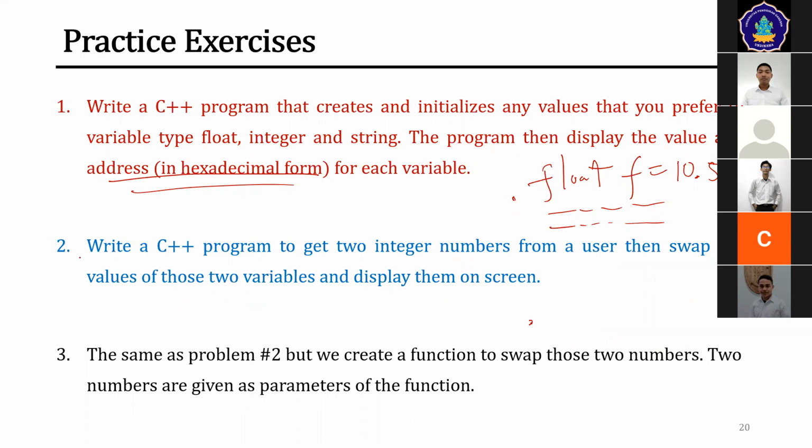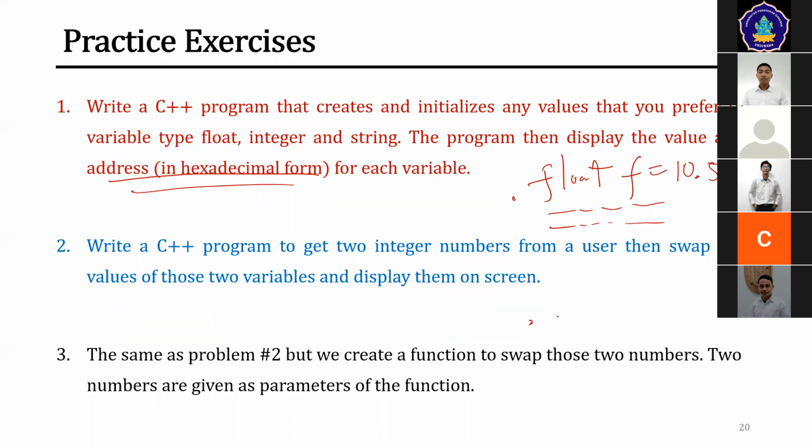In the second exercise, you are asked to write a program to get 2 numbers from a user. For the user input, you can use cin in C++, or you can try the scanf command, the traditional way of using C commands in C++.